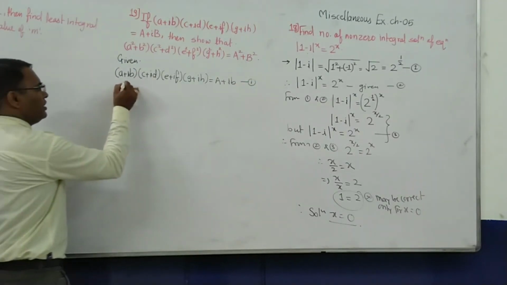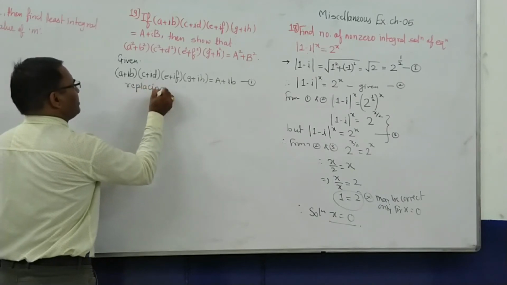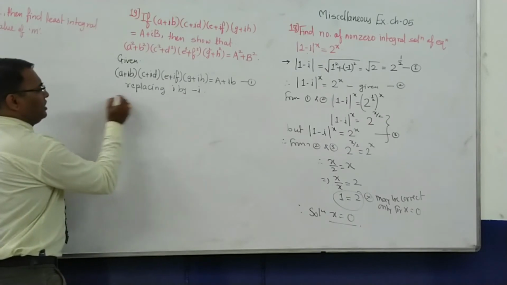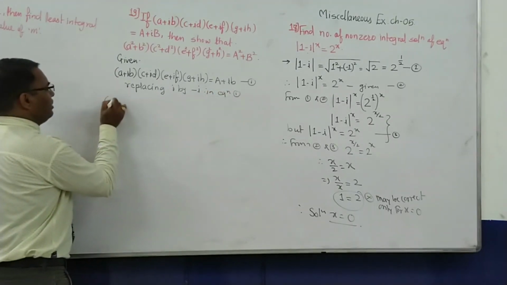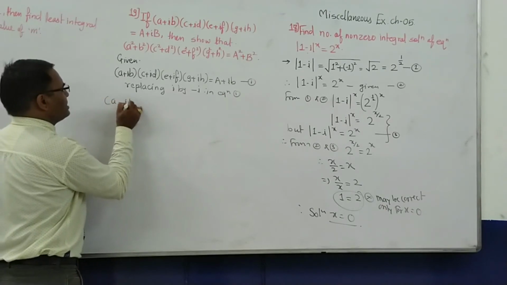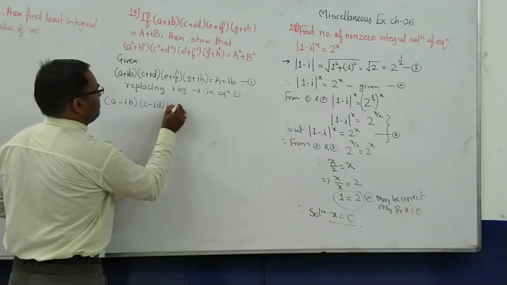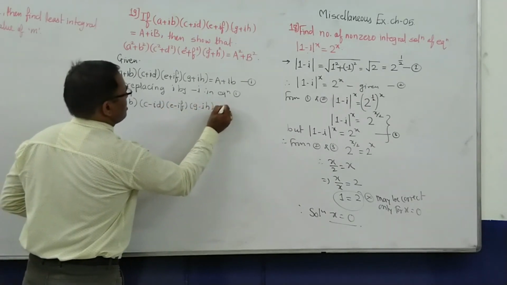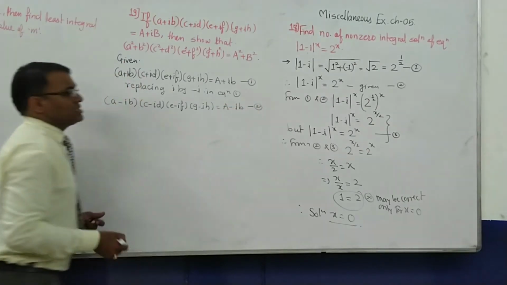Now what will we do? We have done such kind of sum. We will be replacing i by minus i in equation 1. So what will happen? This will become (a minus ib)(c minus id)(e minus if)(g minus ih) is equal to a minus ib. Equation number 2.